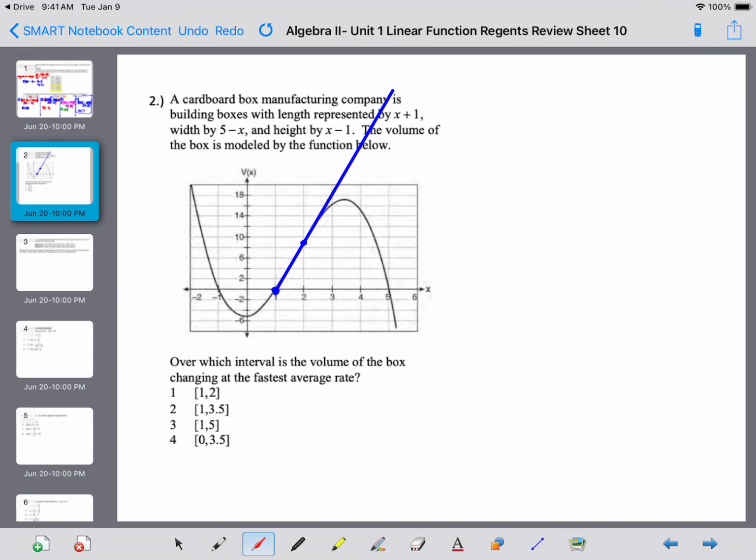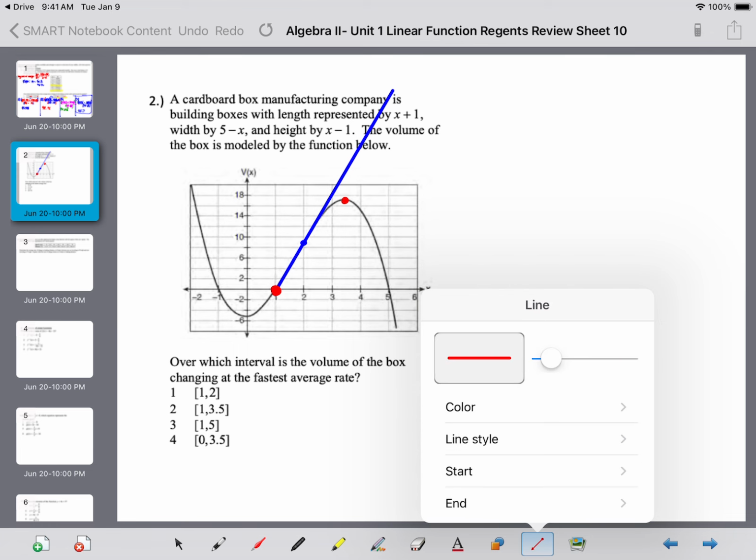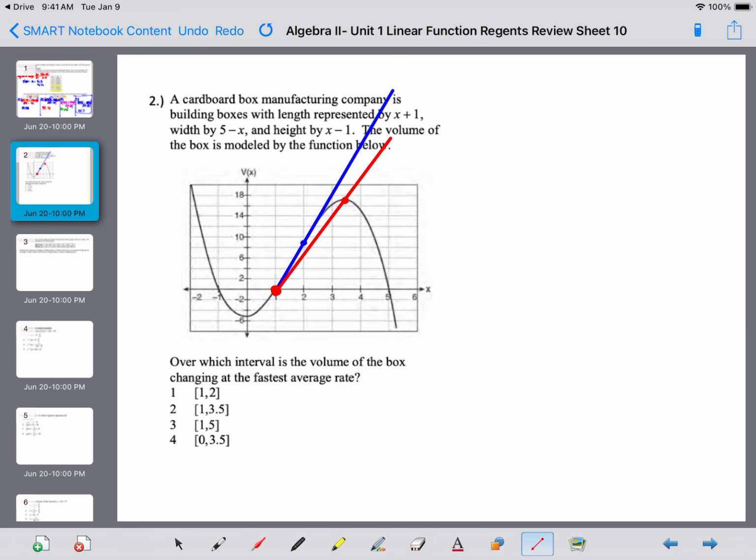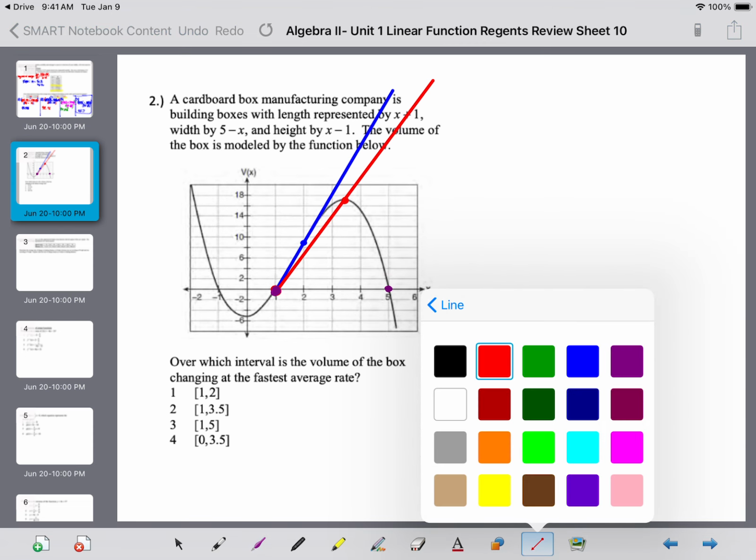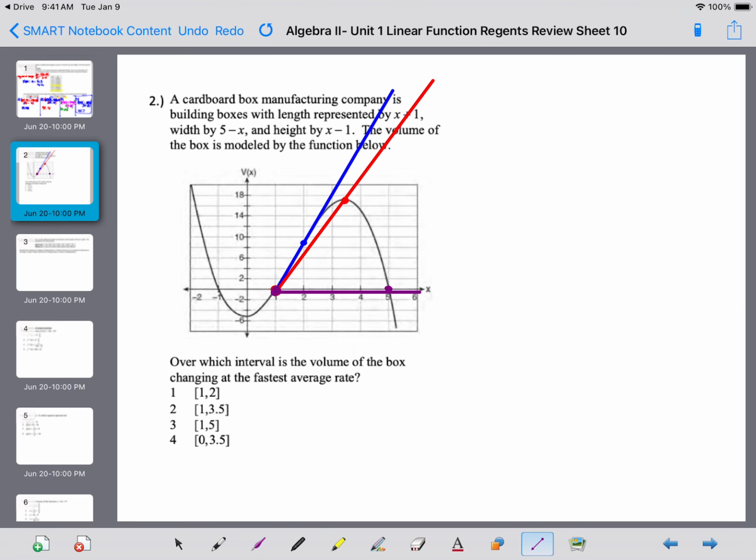From 1 to 3.5, already you can see that the blue is increasing at a faster rate. One to 5, there's actually an average rate of change of 0. There's no change, right?